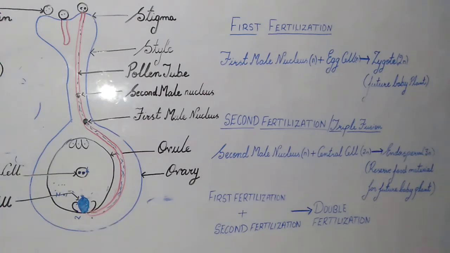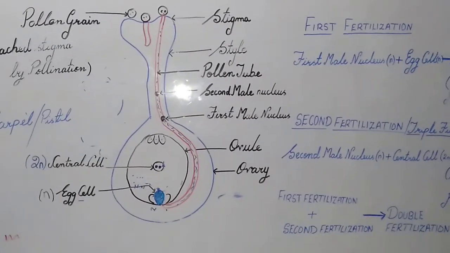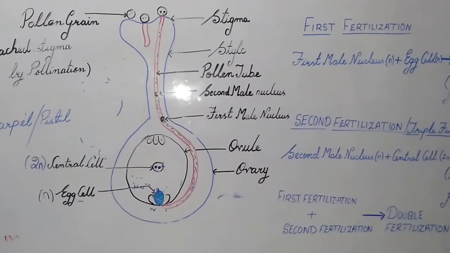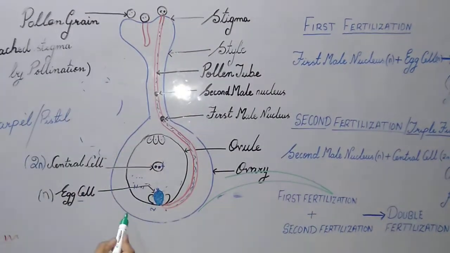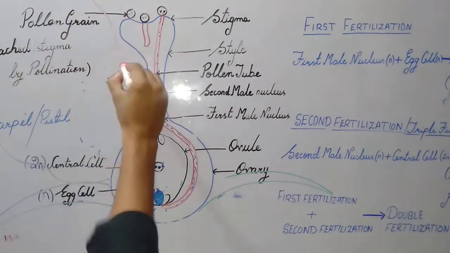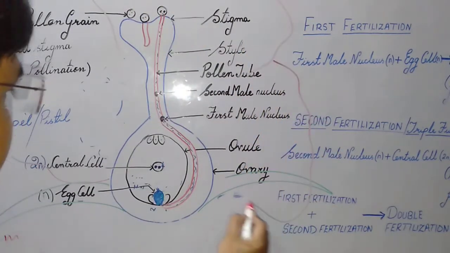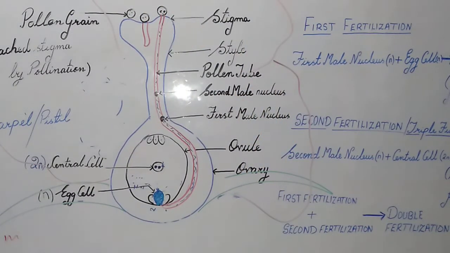Got it, class? Now very quickly we are going to study about post fertilization changes also. See, when plant is there, this female part was a part of a flower, so it has got accessory structures also, like sepals and petals were there.